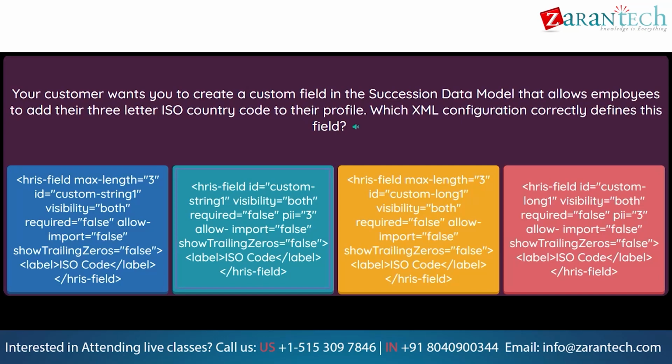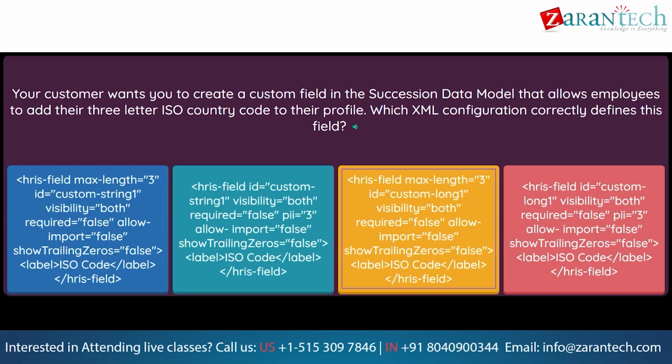Option 2: hris-field id=custom-string1 visibility=both required=false, precision=3, allow-import=false, show-trailing-zeros=false, label ISO code, /label, /hris-field.